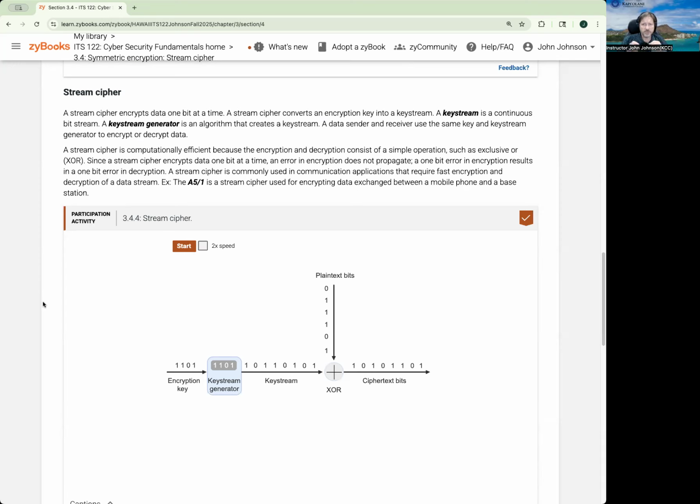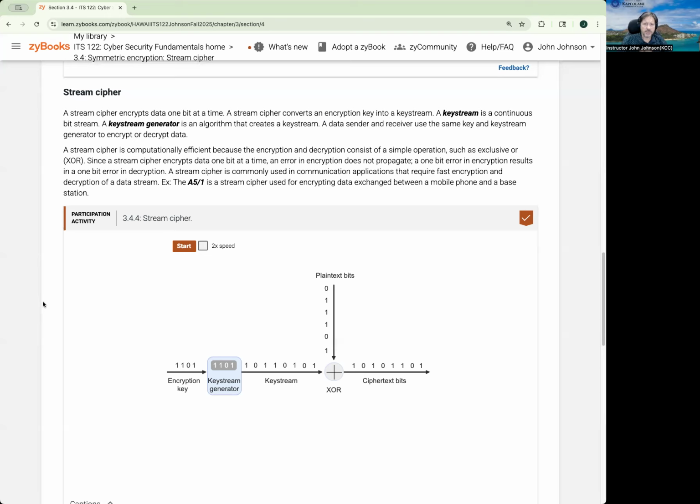So this key stream generator and the key, they're both held at the data sender and at the receiver end. So you both have it. So the data sender and the receiver use the same key and key stream generator to encrypt and decrypt the data. So then moving on, stream cipher is computationally efficient because the encryption and decryption consist of a simple operation, such as an exclusive OR, what we call an XOR.